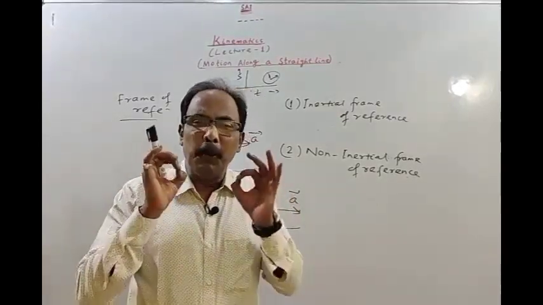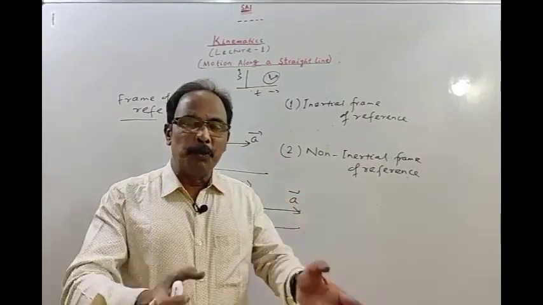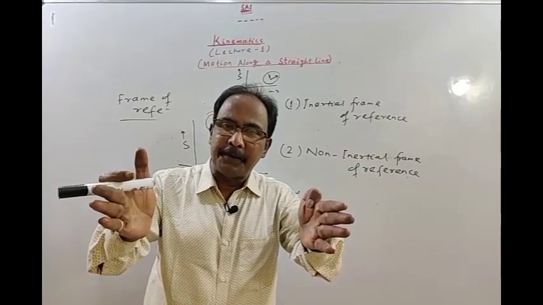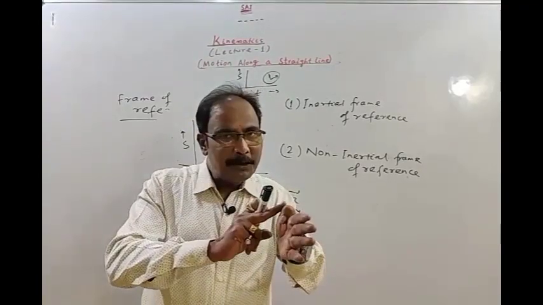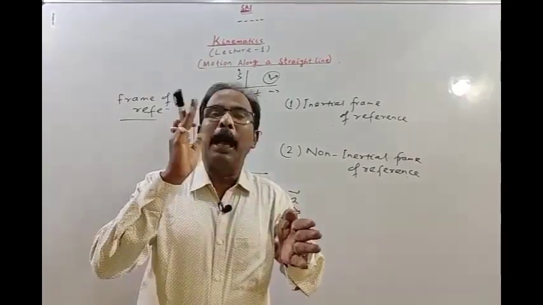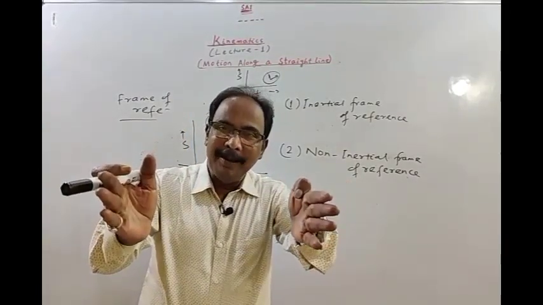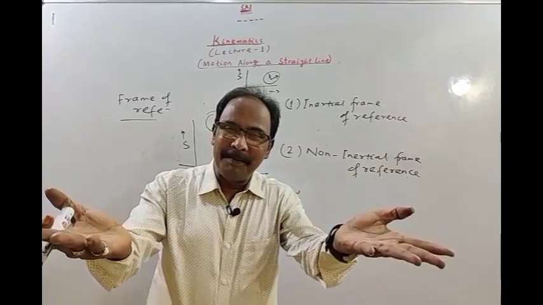Similarly, if two bodies or two systems move with the same acceleration, in the same direction and with the same magnitude, then one will appear to the other as moving uniformly.